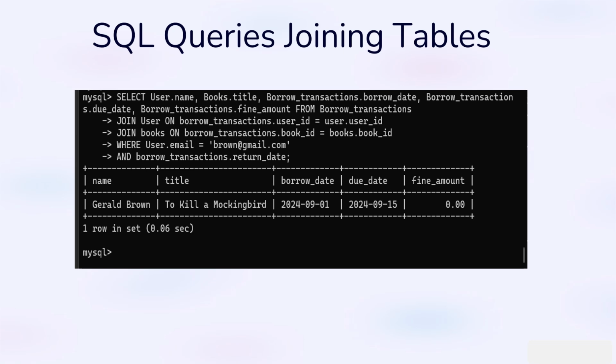Also, for join books on borrow_transactions.book_id, it goes to the book table and picks the book ID, where you give a specific attribute for what you are trying to query. All right, that is it for Structured Query Language.